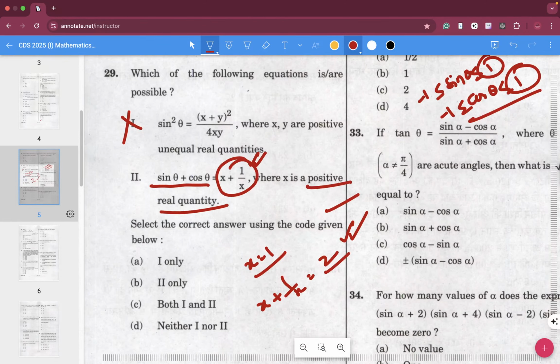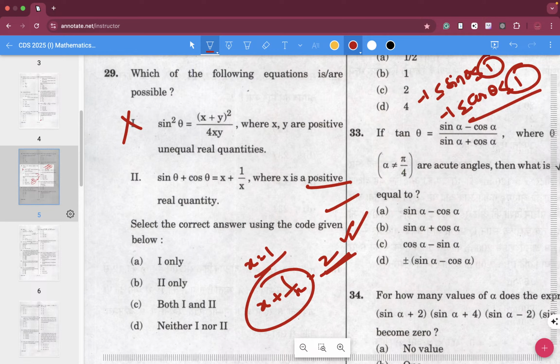If x is positive, is x plus 1 by x equal to 2 possible? Is it possible for sine theta plus cos theta to be 2? Both sine theta and cos theta would have to be 1, isn't it? If sine theta has to be 1, theta has to be 90.